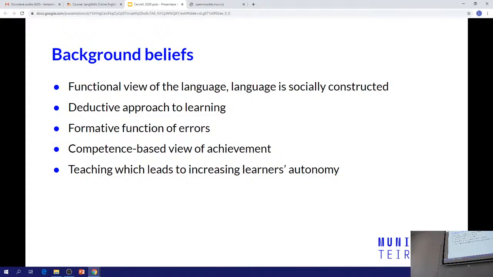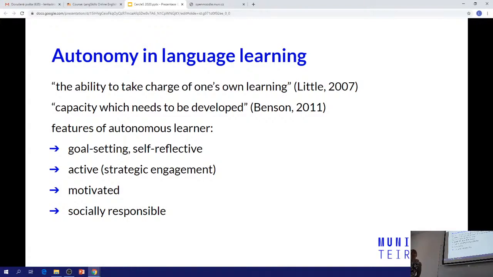We also believe in teaching that's opening the door to autonomy, that we just heard about from Lenka, and I don't think I need to repeat this because it was part of the presentation before us. We view autonomy mostly as taking over responsibility, but this is something that Lenka said as well.